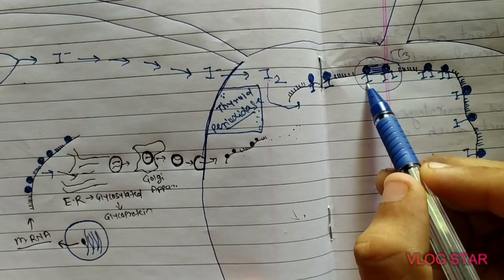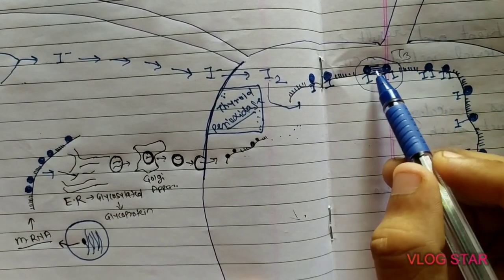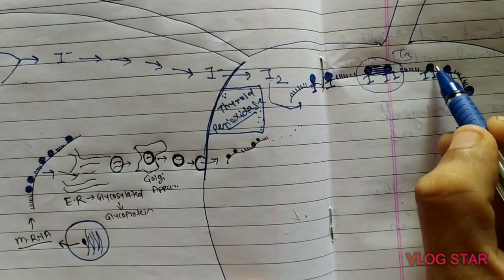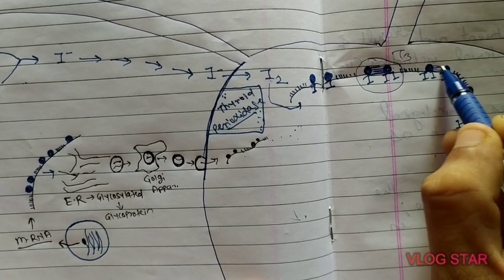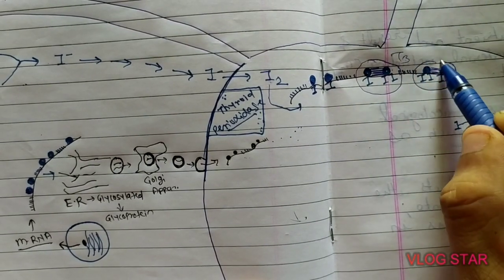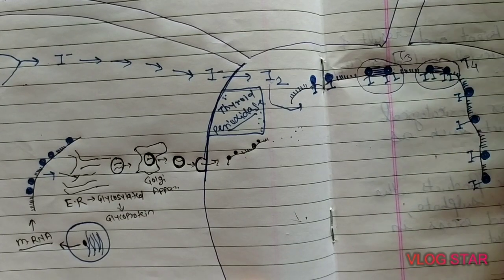That is, it contains 3 iodine atoms, triiodo, and 2 tyrosine molecules, that is T3. Again the reaction happens and two adjacent tyrosine molecules get attached. This is called the T4 molecule.